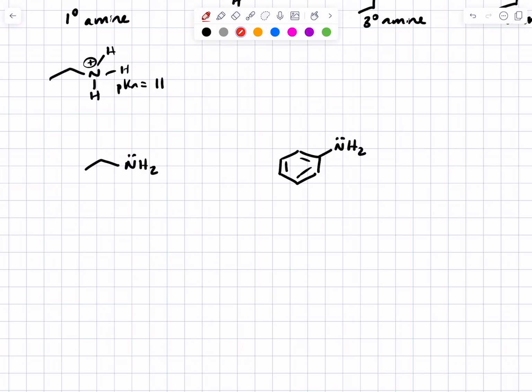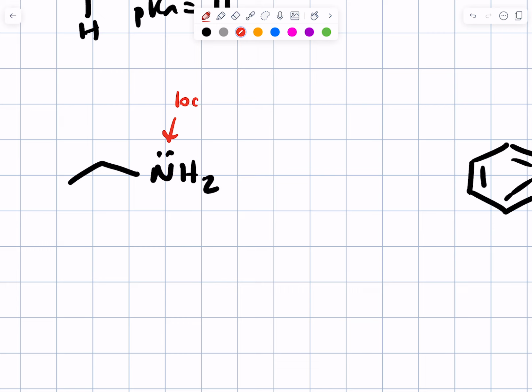In ethylamine, the lone pair is localized. You would predict that the alkylamine should be roughly sp3 hybridized, that the lone pair should be in an sp3 orbital, and it's not participating in any resonance.